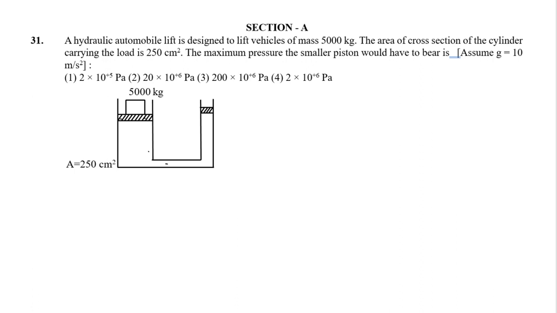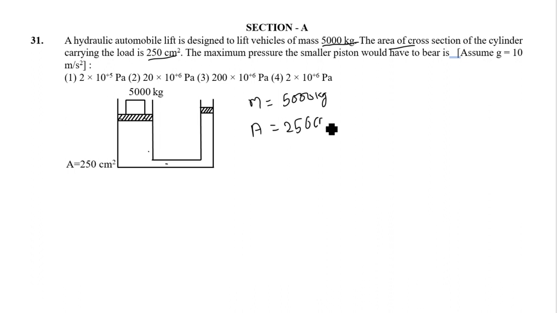A hydraulic automobile lift is designed to lift a vehicle of 5000 kg. The mass is given as 5000 kg and the area of cross section of the cylinder is 250 centimeter square.